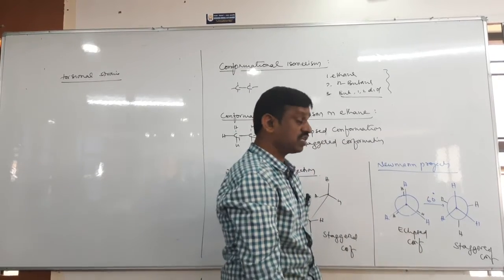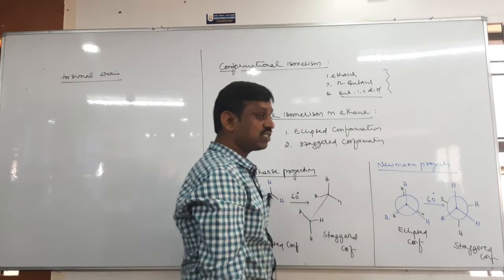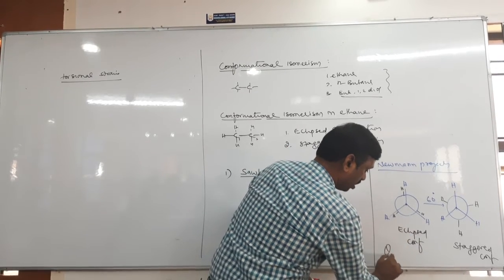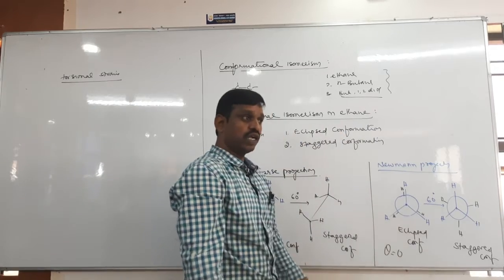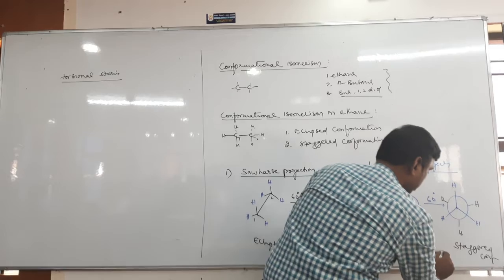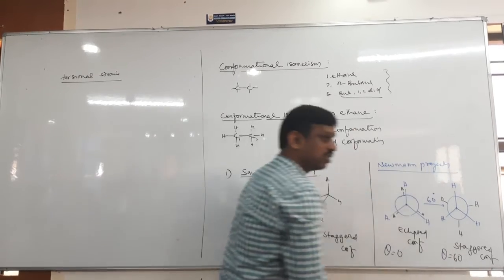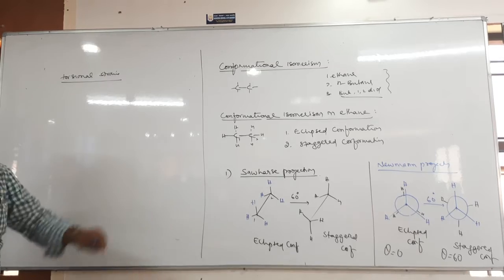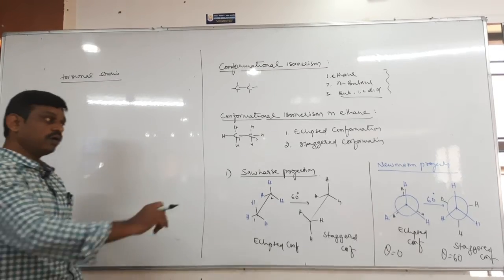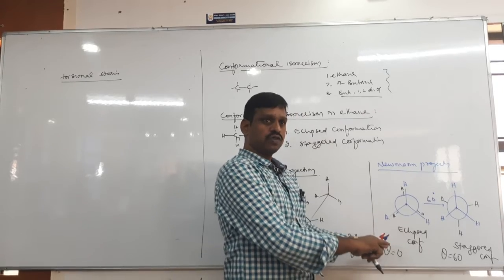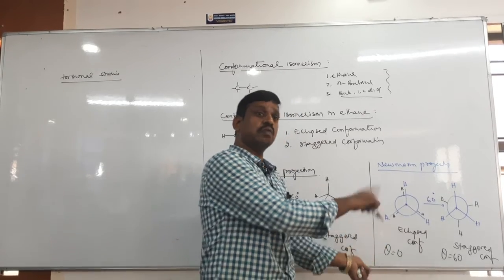Okay, next is the dihedral angle. What is the dihedral angle? The angle between two hydrogens, that is theta. What is the angle between two hydrogens in eclipsed? 0. Staggered is 60 degrees. These two terms are important, dihedral angle and torsional strain. Among eclipsed and staggered, which has more repulsion? Eclipsed, so it has more strain.